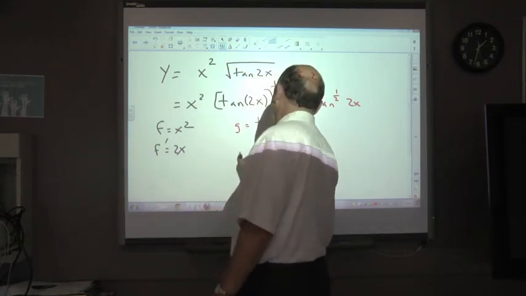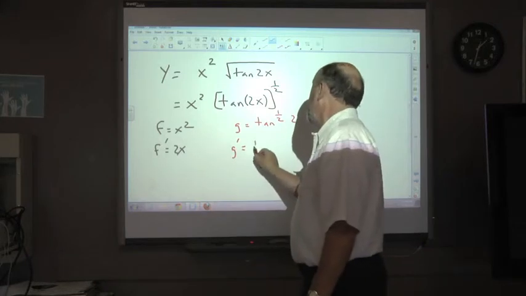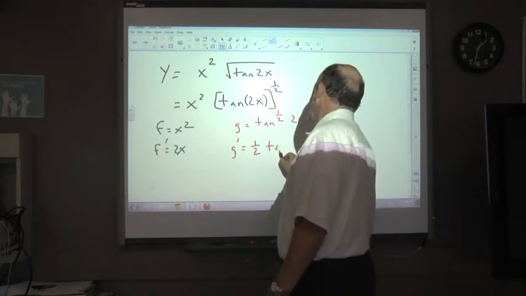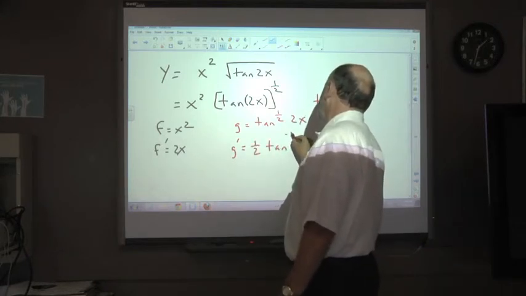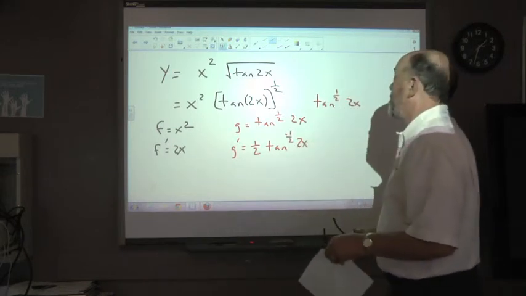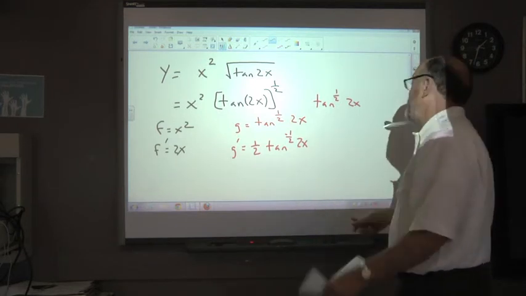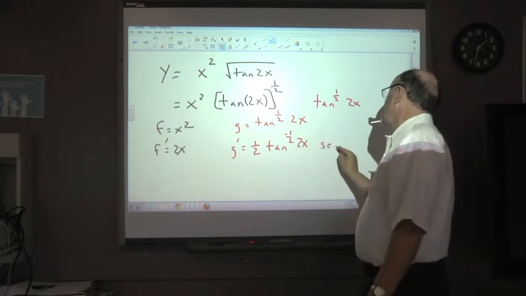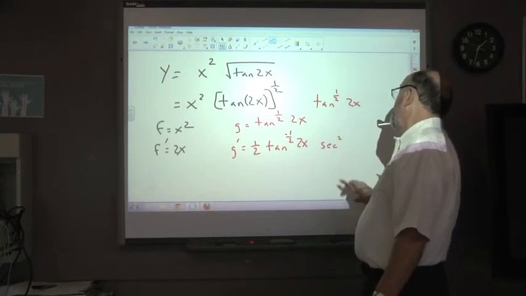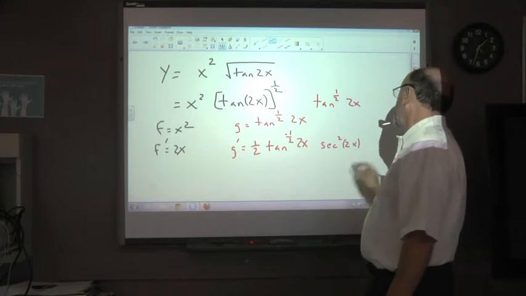My derivative of this will be 1/2 tangent to the minus 1/2, again you drop the power by 1. So 1/2 minus 1 is minus 1/2. And then my derivative of tangent will be secant squared 2x. And the derivative of the angle is 2.